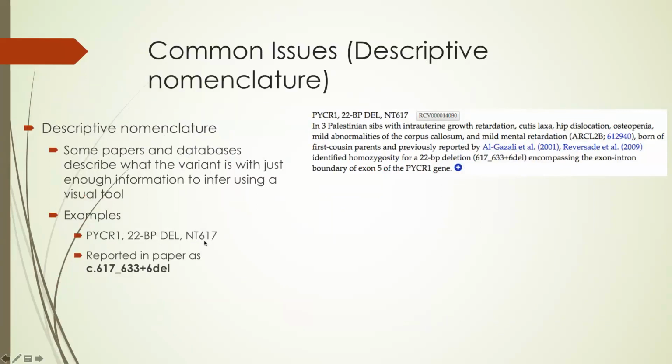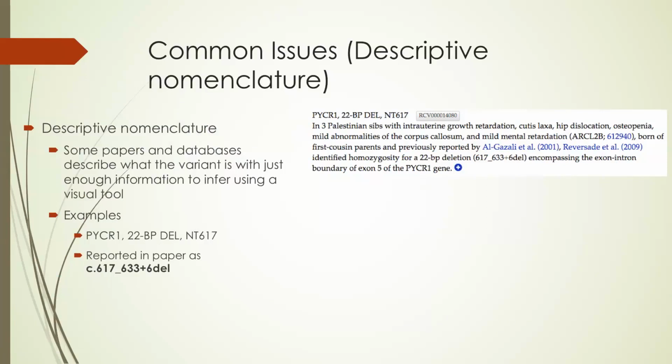Fortunately, this paper gave a little bit more information, and this is excerpted from OMIM, but they said that the deletion is at c.617_633+6, and it's a deletion, and it encompasses the exon-intron boundary of exon 5 in the gene.